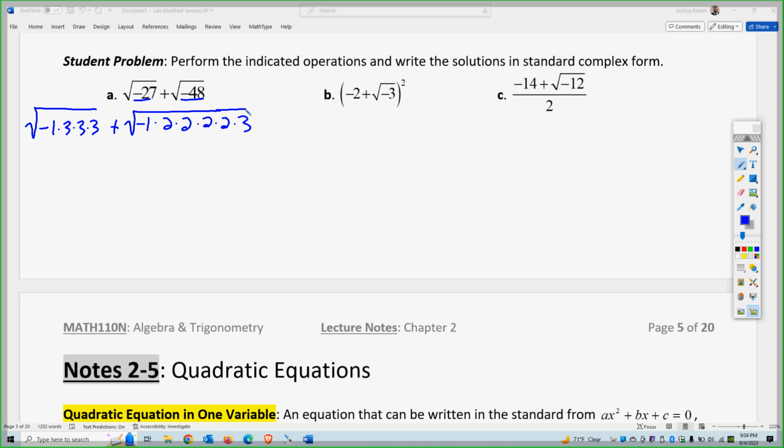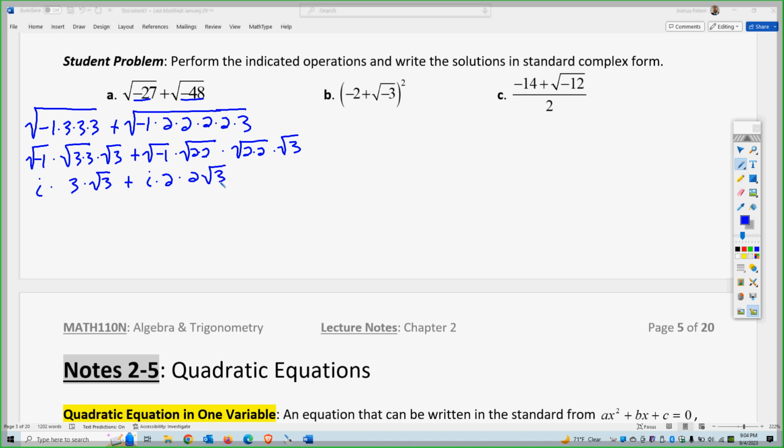Okay, so what I really have here is the square root of negative 1 times the square root of 3 times 3 times the square root of 3, plus the square root of negative 1 times the square root of 2 times 2 times the square root of 2 times 2 times the square root of 3. Okay, so if I do each of these in the subgroups, I get 3, I get root 3, I get 2, I get 2, and I get root 3.